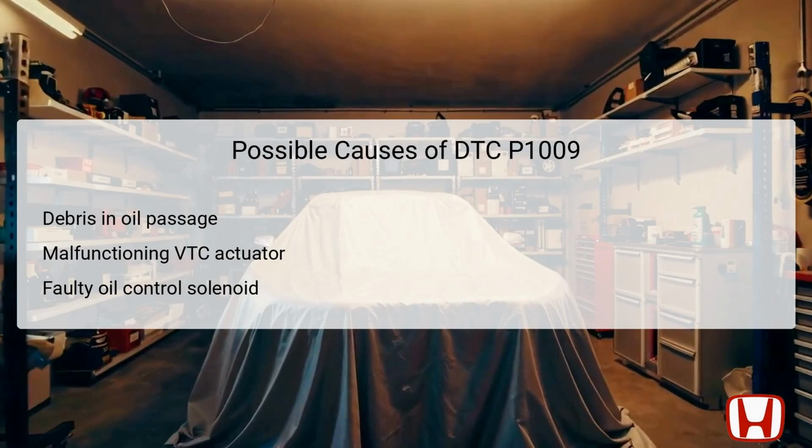Additionally, a faulty VTC oil control solenoid valve A can impede the proper flow of engine oil, which is essential for adjusting the cam timing. Each of these components plays a vital role in the proper operation of the VTC system, and diagnosing their individual functionality is a critical step in resolving the P1009 code.